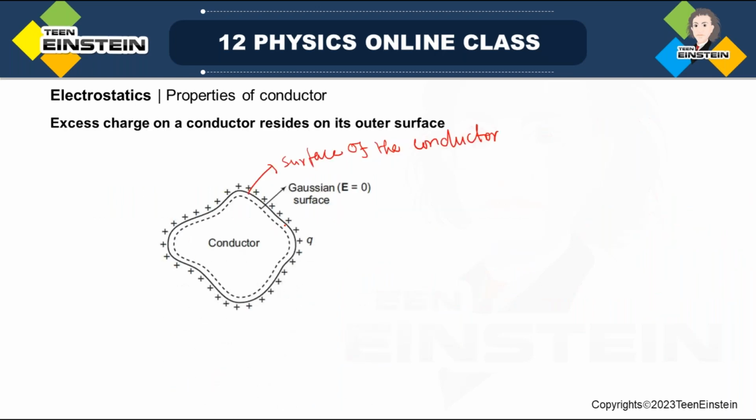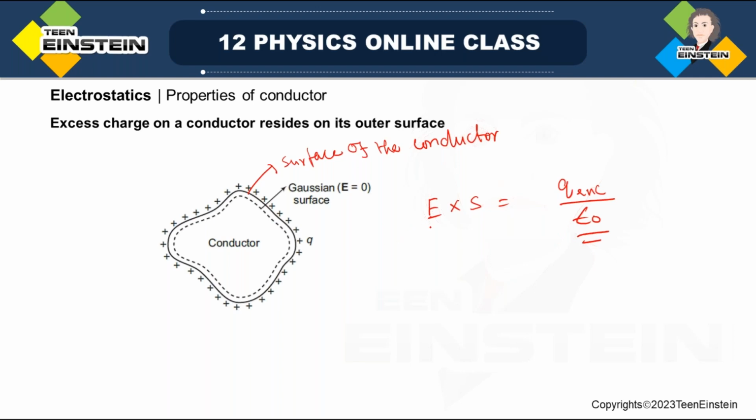So if I apply Gauss's law, I can write E times S, where S is the area of the Gaussian surface, equals Q enclosed divided by epsilon naught.